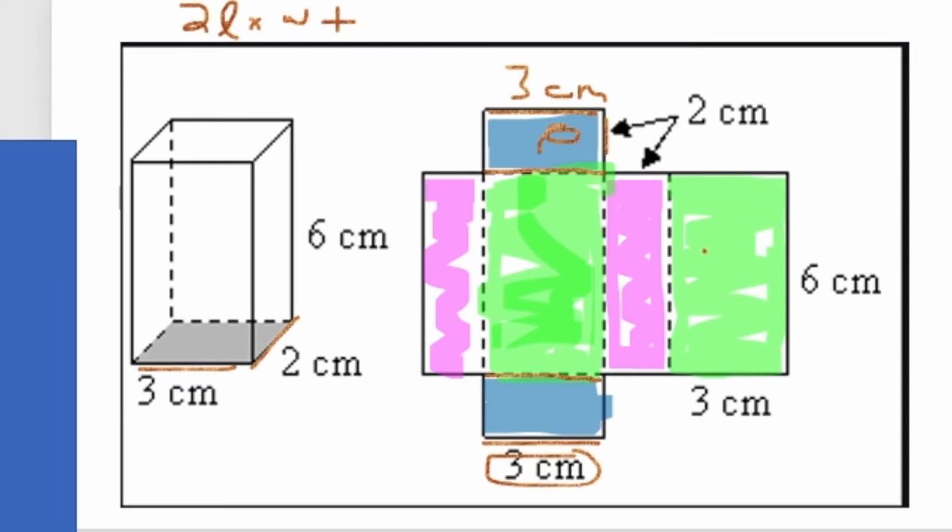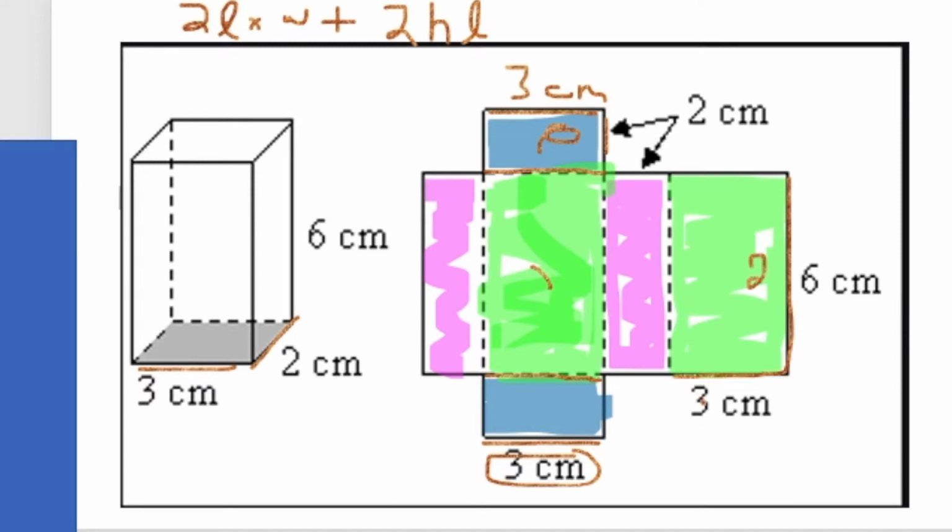Now I'm going to go to my green section over here. This is the height times the length. And I'm going to have 2 of those. So that's 1 and 2, right? So I'm going to have to multiply that by 2. So I have 2 times the height times the length.